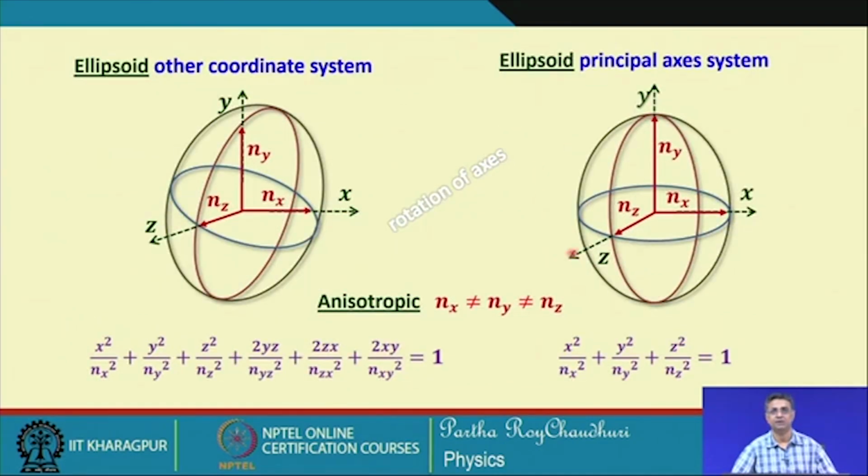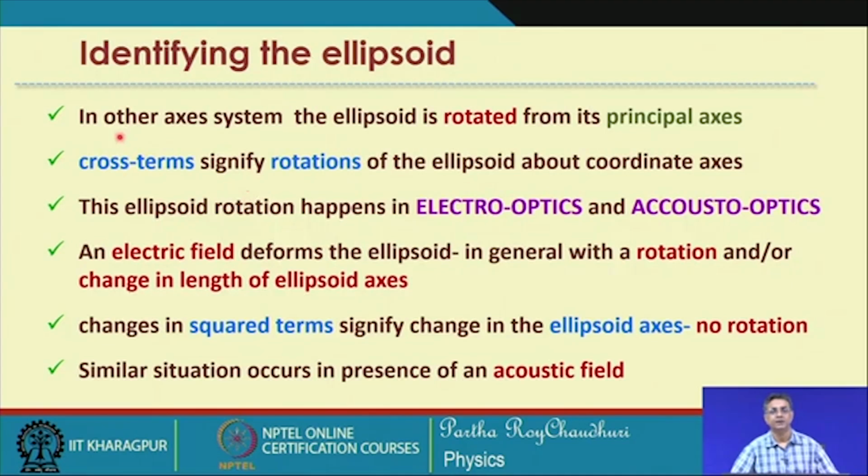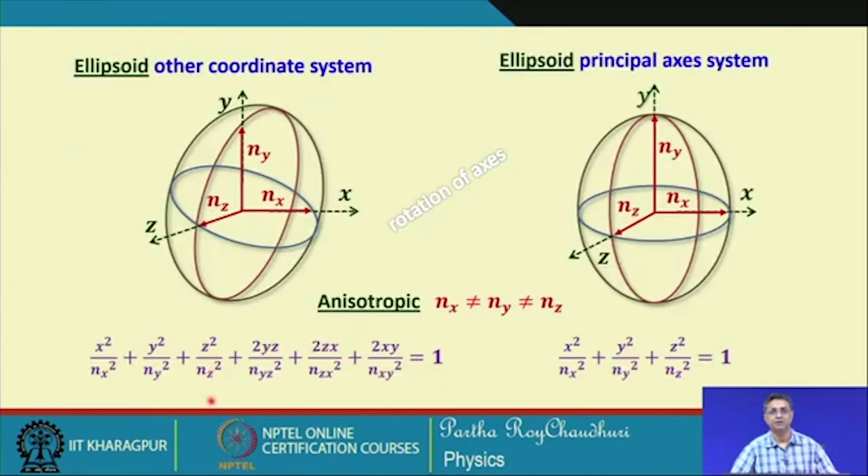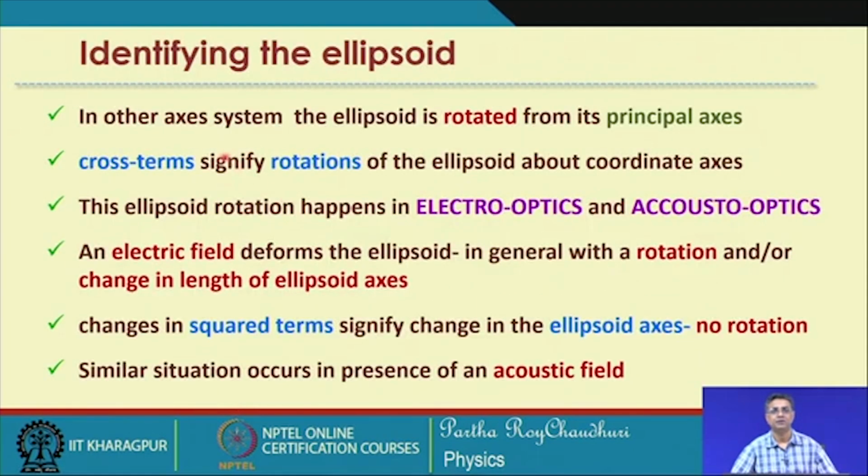That is what we have seen: you have a coordinate system which is called the principal axis system, but in any other coordinate system this ellipsoid will be rotated. If you rotate the coordinate system, you can again make the coordinate system and the ellipsoid coincide. So, you can identify this from the cross terms, that is y z, z x and x y. Cross terms signify rotations of the ellipsoid about the coordinate axis.